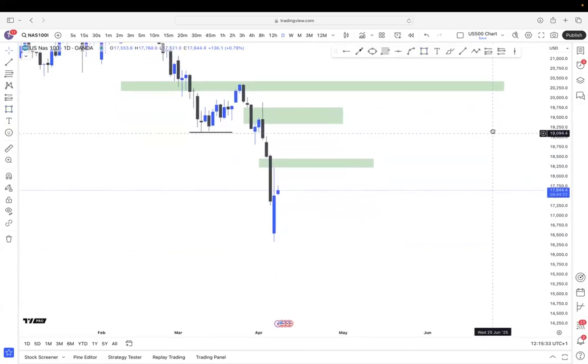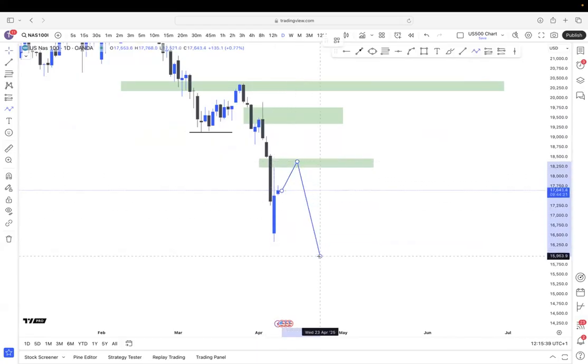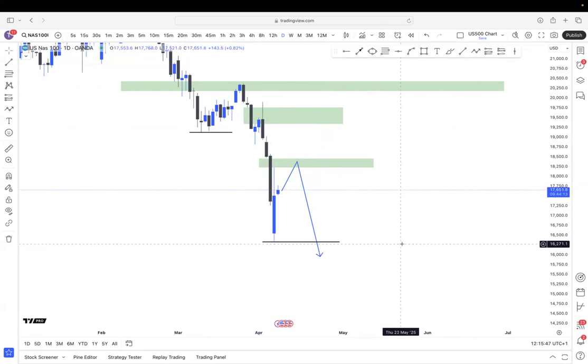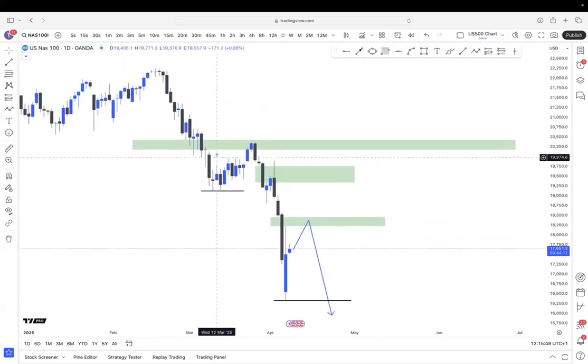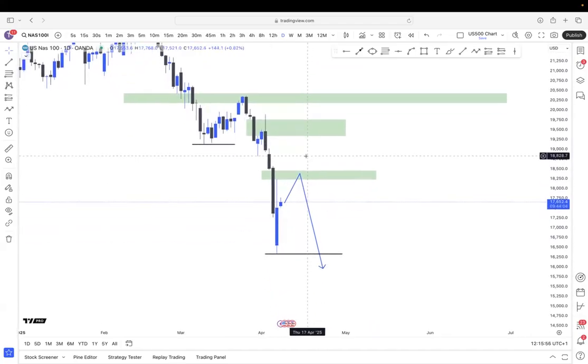And what I would like to see is all of the confirmations that I have to basically take place inside there, where I can then take a small piece of the market, knowing that the overall target is this liquidity right here, because the market is trending lower, meaning we want to be trading in direction with the higher time frame. So I'm looking for a few different things in this area here.